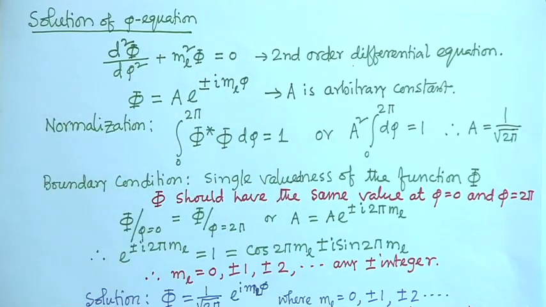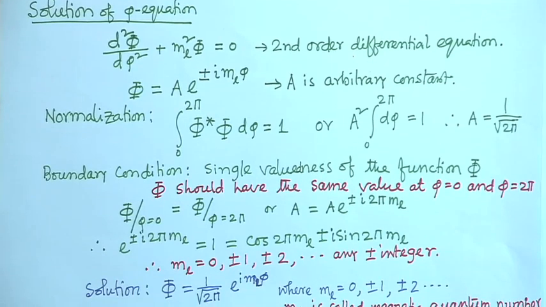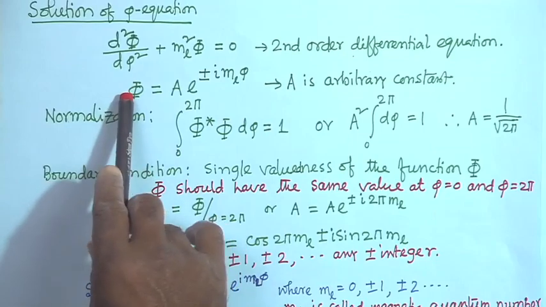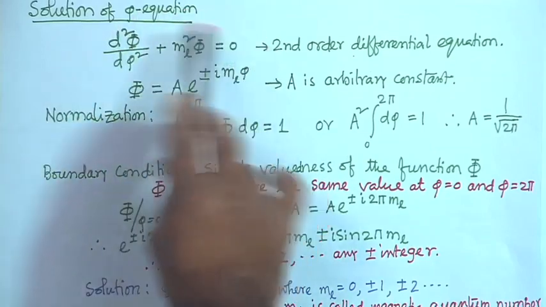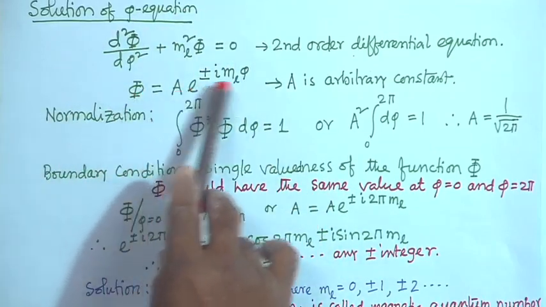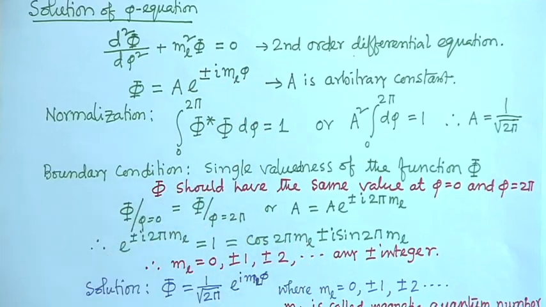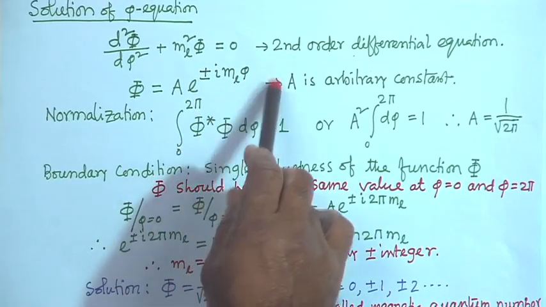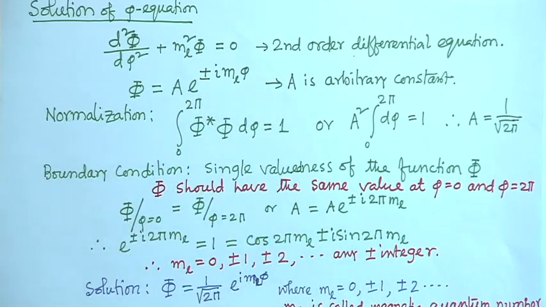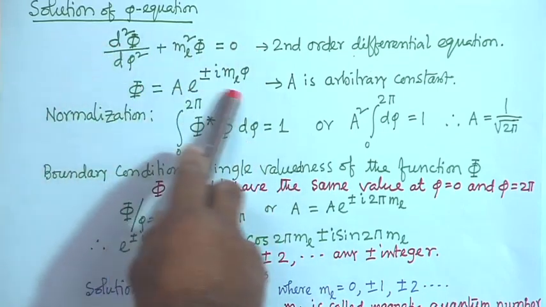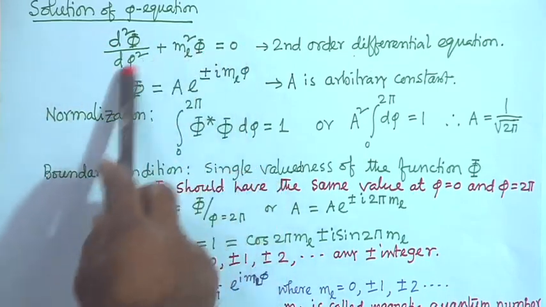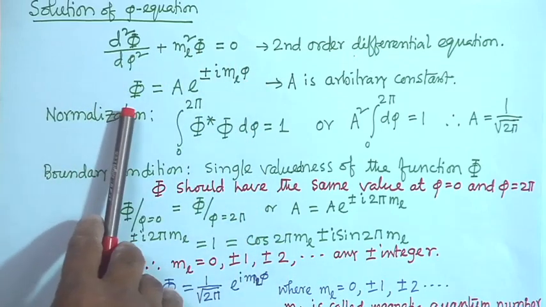This is a second order differential equation, a standard equation, and one can write its solution just by seeing the form: phi equal to A e to the power plus minus i m l phi. Basically, one can take the trial solution e to the power i m phi, put it here, and then get the form of this function capital phi.